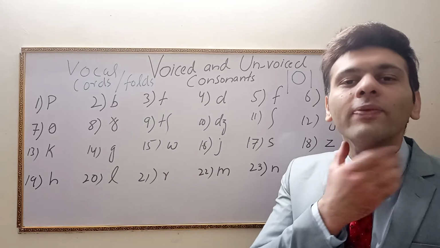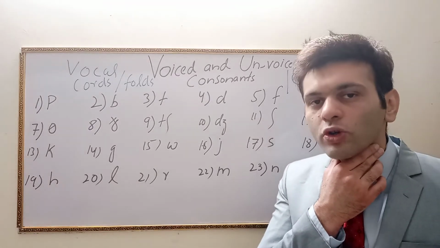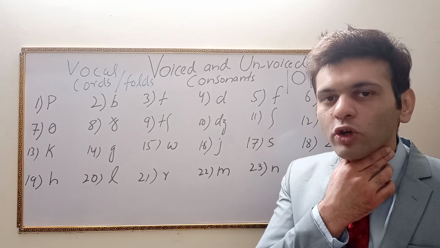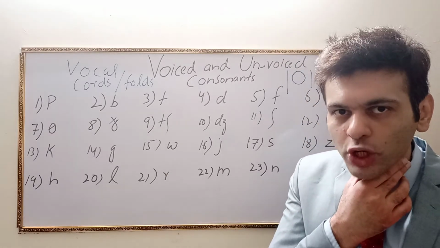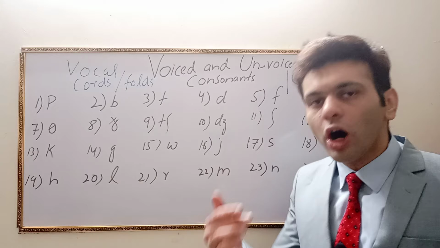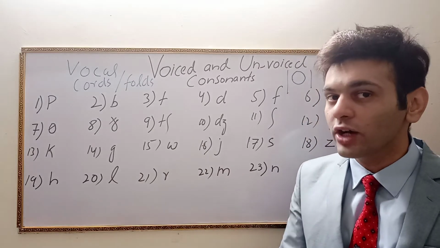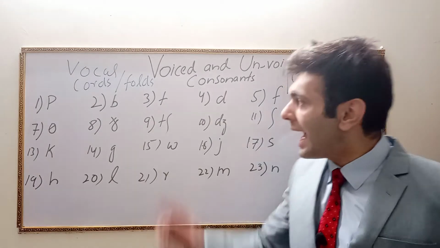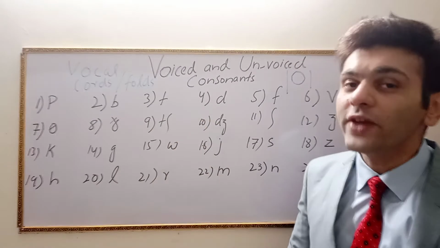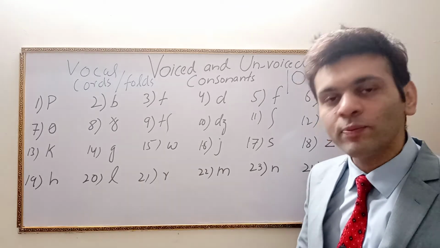If you feel that there is a vibration in your vocal cords or vocal folds, then that specific phoneme would be voiced. But if you feel that there is no vibration in the articulation or production of a particular consonant, then that particular phoneme would be unvoiced.